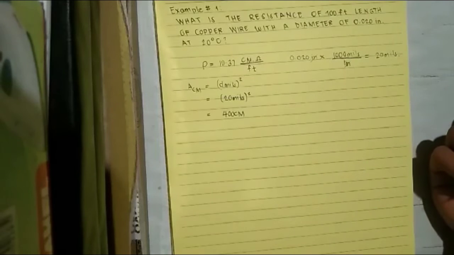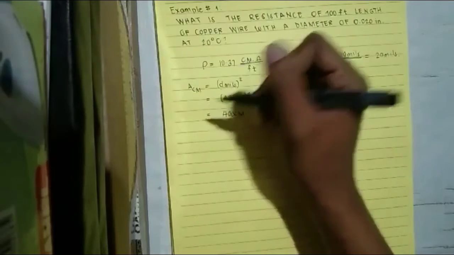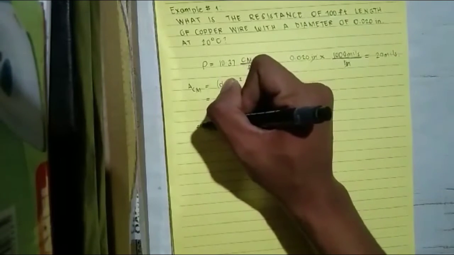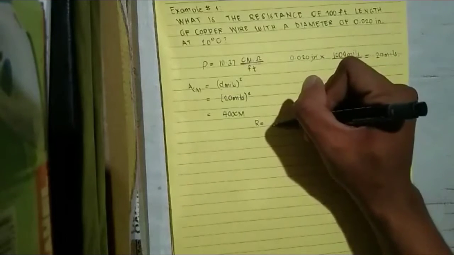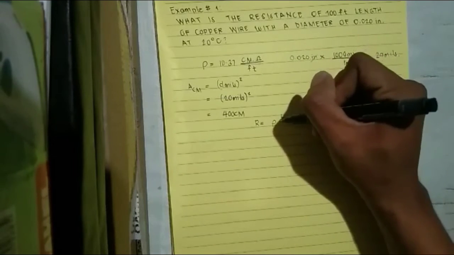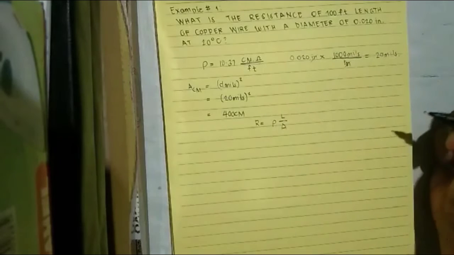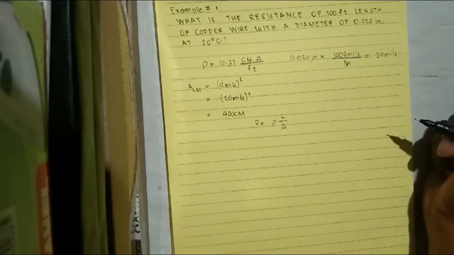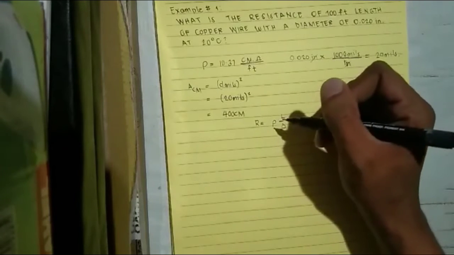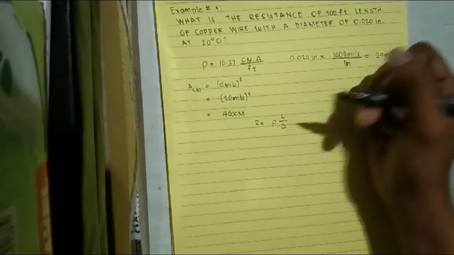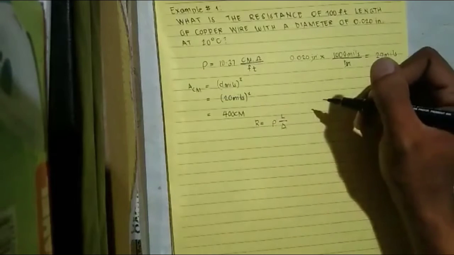Doon pa lang pwedeng gamitin ang formula ng resistance. Resistance is equal to rho length over area. And then, substitute lang din ulit natin. Yung rho natin is 10.37 circular mil ohm per feet.